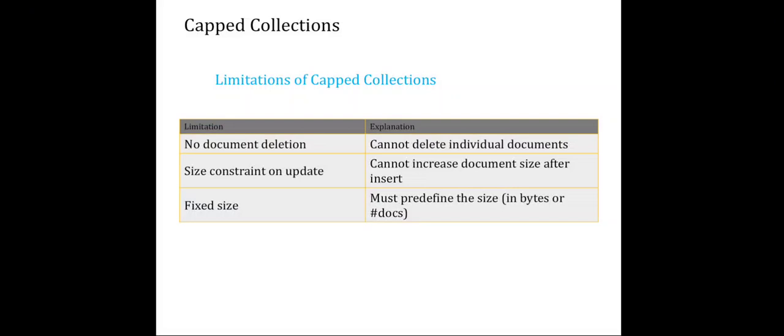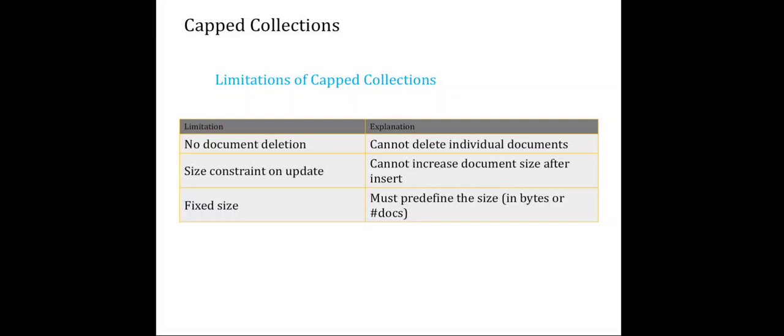The second one is size constraint on update. Once a collection has been created, we cannot increase or decrease the collection size and also the document size. It is fixed size. While creating the collection itself, we must predefine the size, either in bytes or in number of documents.